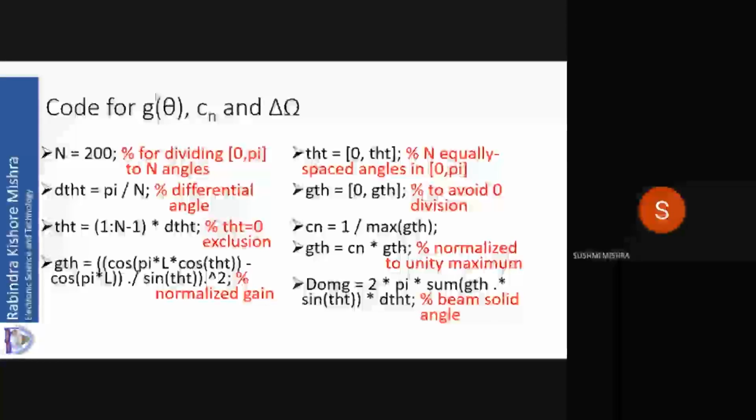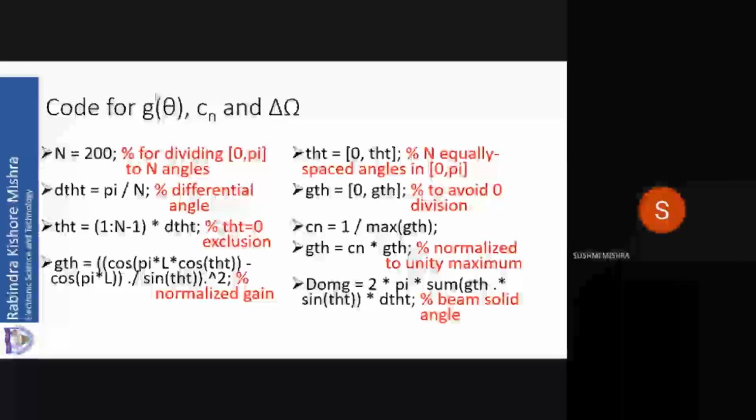Max of a row gives you the maximum value in a row. Now GTST is a column, so max GTST is the maximum value of the column of GTST. So maximum value will be calculated from that. Cn is equal to 1 upon the maximum value. So using that, you find out what is Cn.